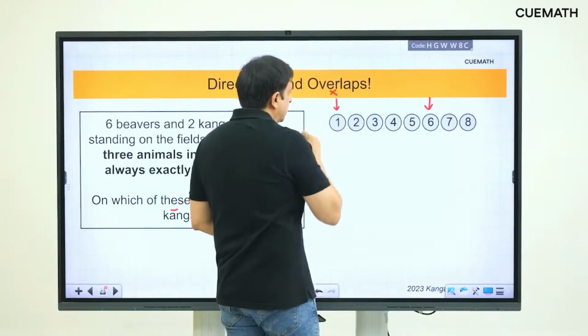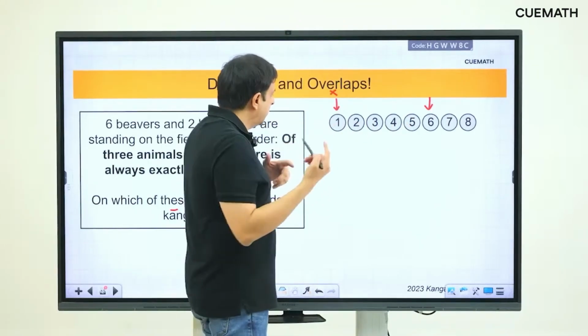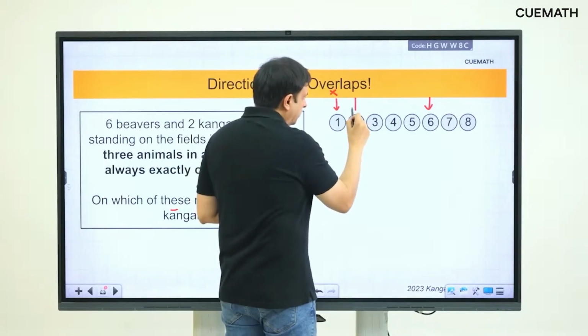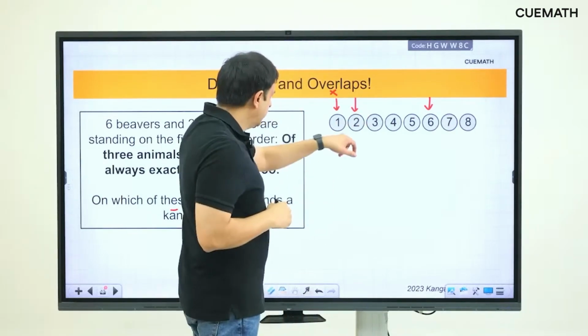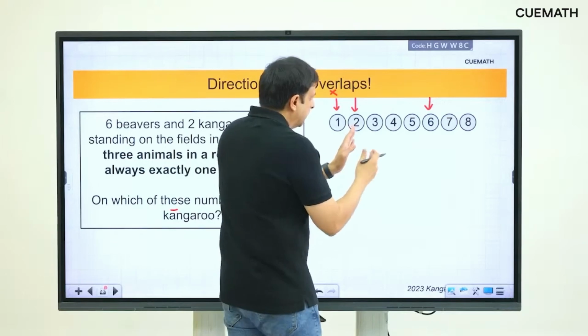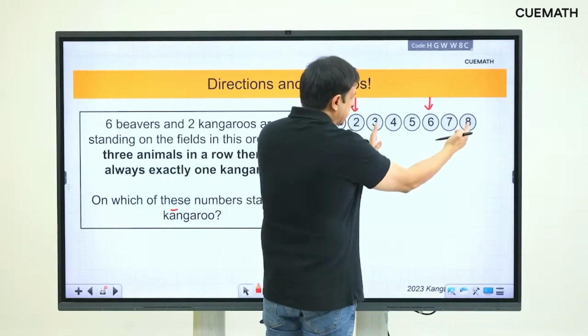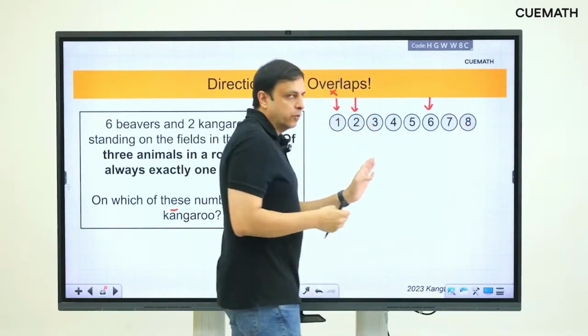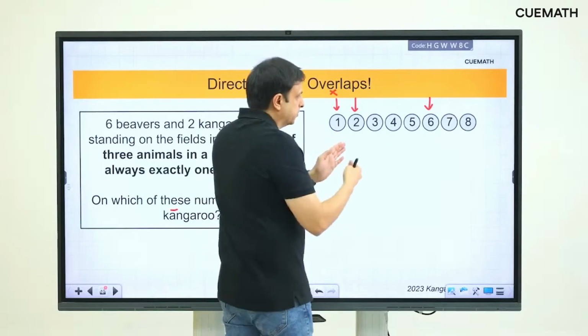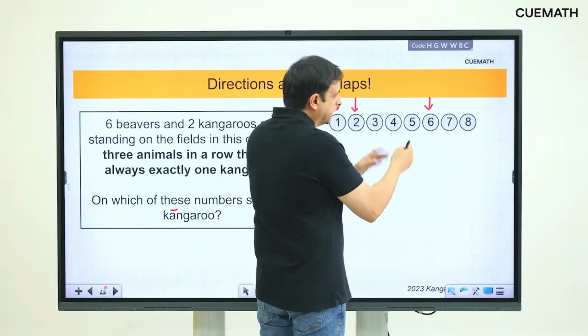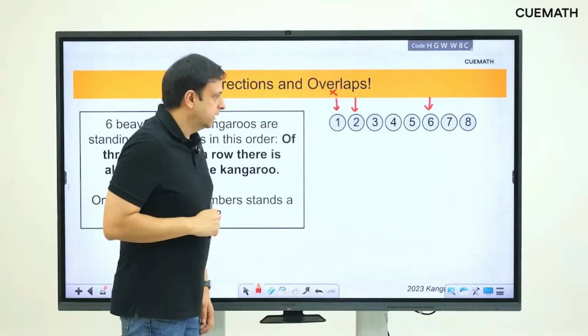So you can't put your kangaroo over here, and you can check that you can also not put your kangaroo over here, because if you put your kangaroo over here, again you have 6 positions here, and just 1 kangaroo is not enough to cover those 6 positions in a way where you get a kangaroo in every row of 3 positions.